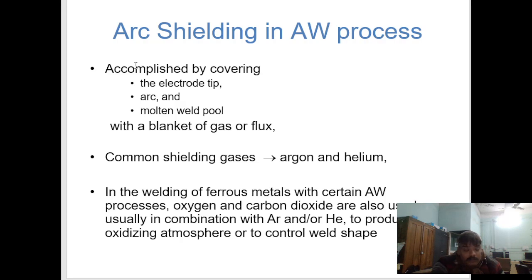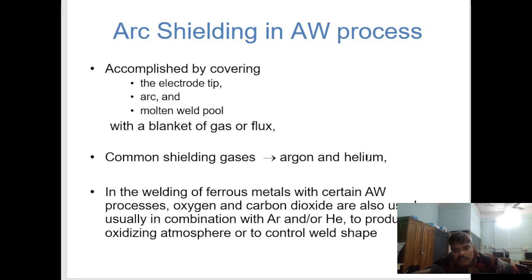So for avoiding the oxygen entrapment, the shielding is provided. Shielding is provided by covering the electrode tip, arc and molten weld pool with a blanket of gas or flux. By providing the blanket of gas or flux on the welded region, we can provide shielding.